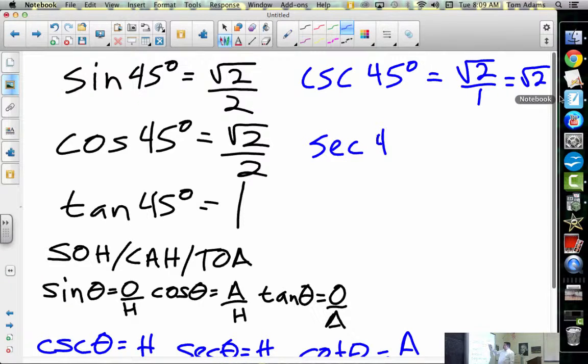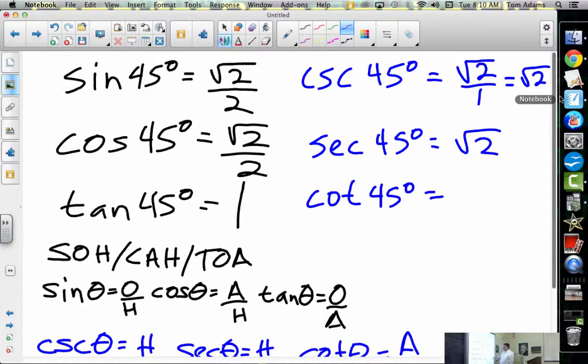Secant of 45 degrees is equal to root 2. And cotangent of 45 degrees is equal to 1. Is that right? Does that make sense?